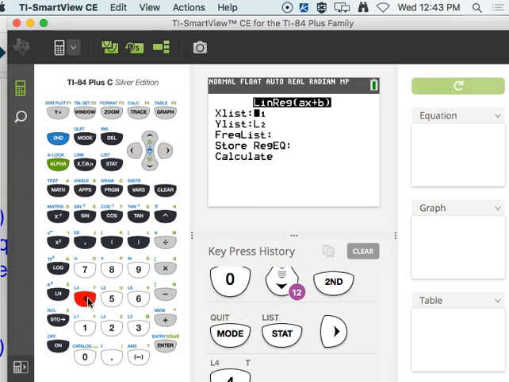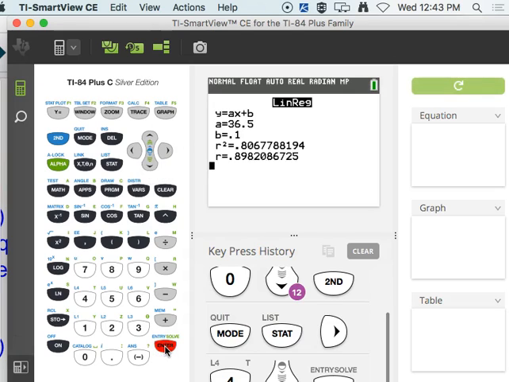We just want to go all the way down to calculate here, because we've got list 1 and list 2 in there, which is great. And I want it to give me that line of best fit. So there it is. And when I get to the other page here, I will write down y equals 36.5x plus 0.1. So stats, calculate, number 4, linear regression.